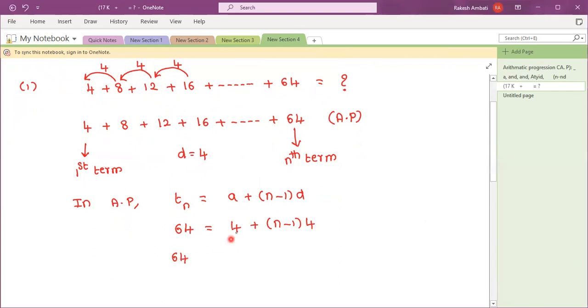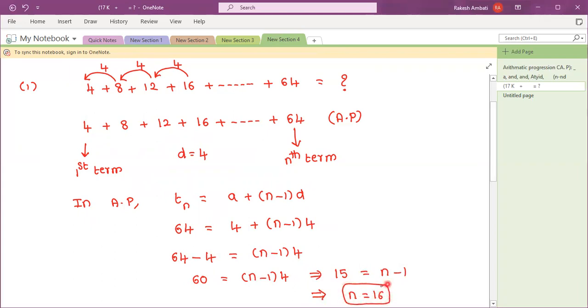Therefore, 64 minus 4 equals (n minus 1) into 4. 64 minus 4 means 60 equals (n minus 1) into 4. Here 4 cancels 15 times, we get 15 equals n minus 1. By simplifying, we get n equals 16.